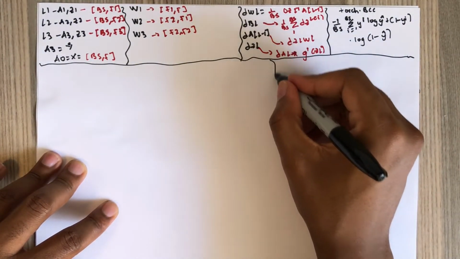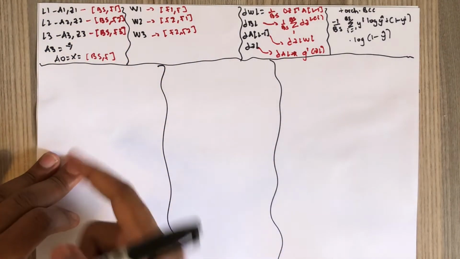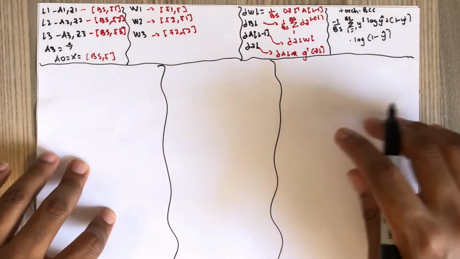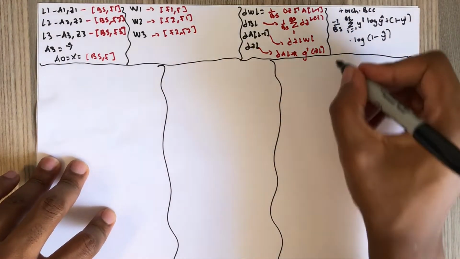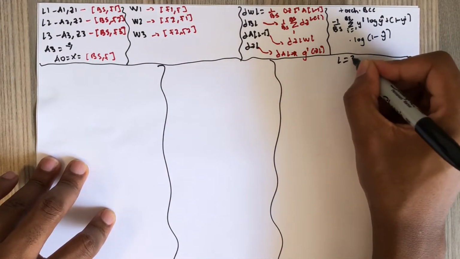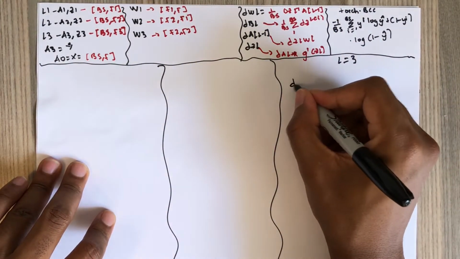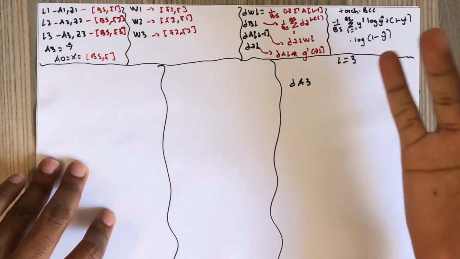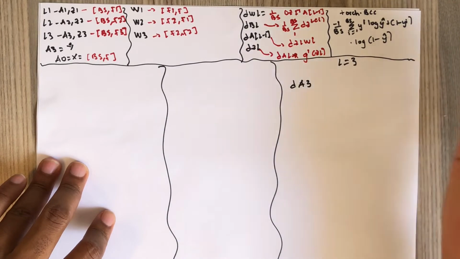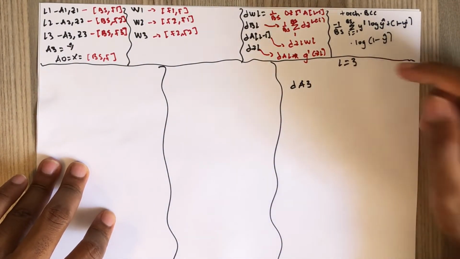So let's get started. So in here, before we started from the left, in here we start from the right. So we start from layer 3. The first thing that you need to do is compute dA3. This is the first thing that you really need to do, which is the derivative of the loss function with respect to your prediction.